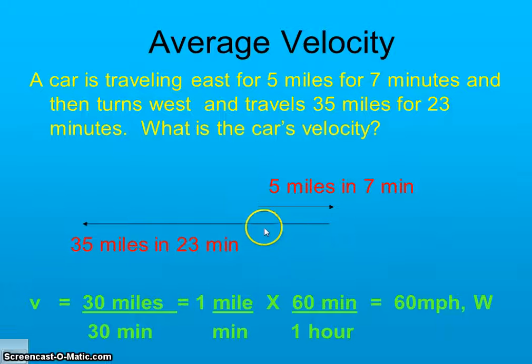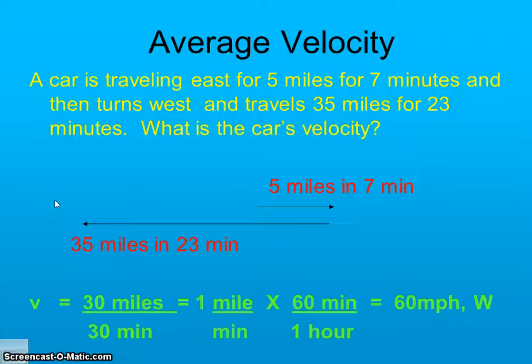Another way of looking at it is if you stand right where you started and turn to face the direction that you ended, which is over here, what direction are you facing? You'd be facing west. That helps you in more complicated problems, if you had a lot of vectors that you had to evaluate.